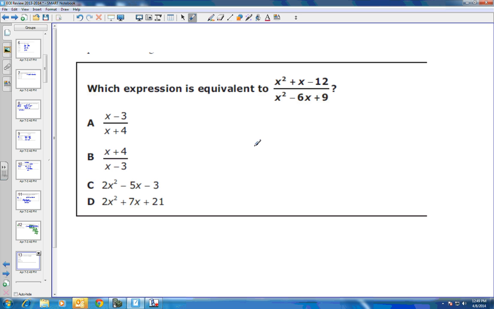You can only do that if it's being multiplied. That's like me saying 3 plus 1 over 2 plus 1. Oh, I'm going to cancel out my 1's and my answer is 3 over 2. Well, you can't do that. Now if it's 3 times 1 and 2 times 1, that's not a good example, but I could cancel my 1's, right? Okay, not when you're adding and subtracting.